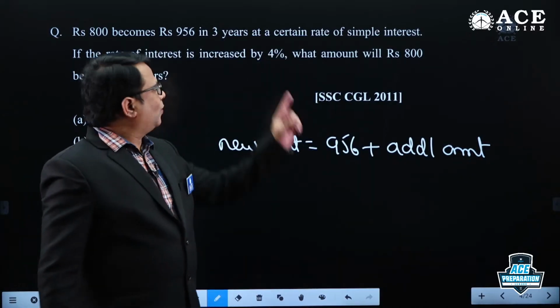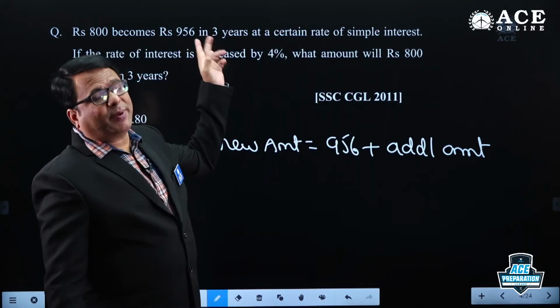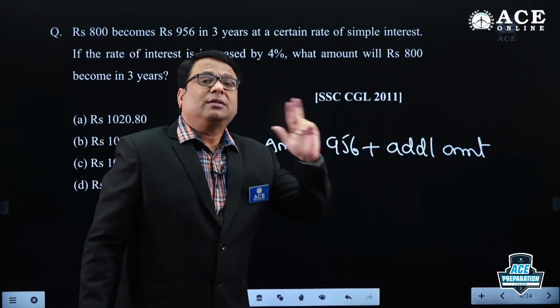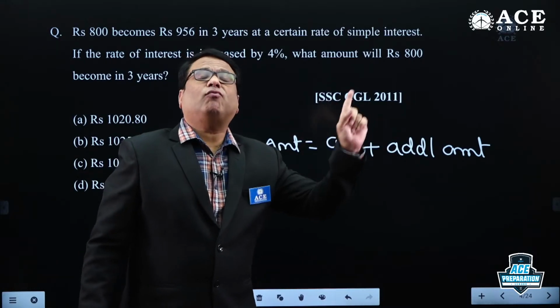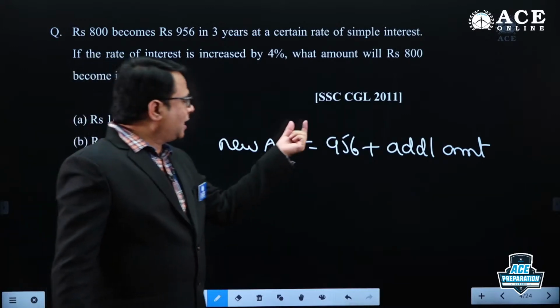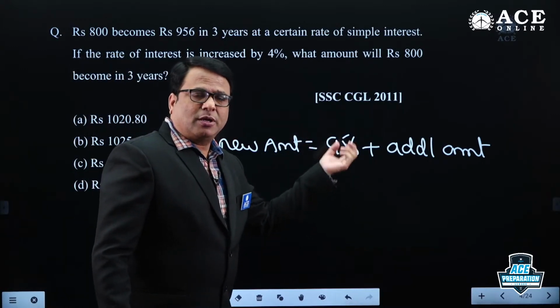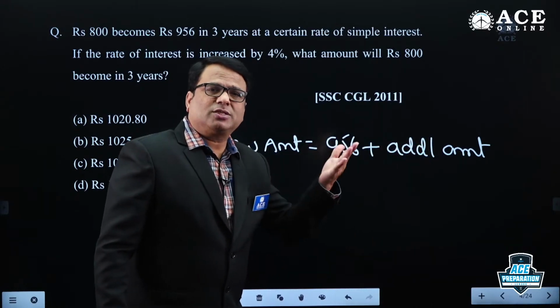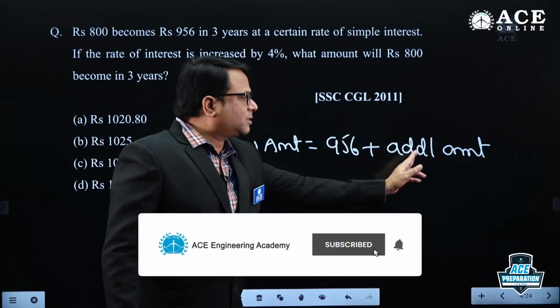You will get this 956, and apart from that you will get some additional money because the rate of interest is increased by 4%. So what is this additional amount?